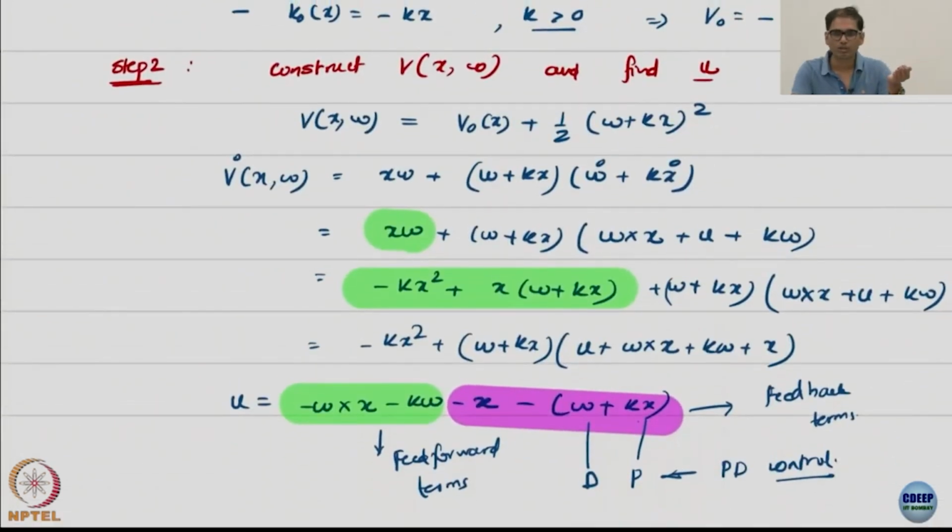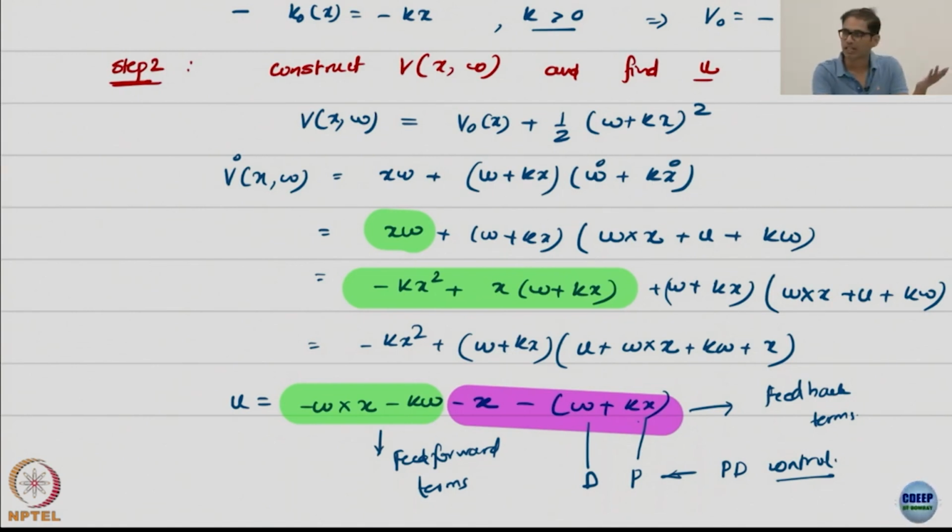If your controller has an internal model of the system, what does it mean to have an internal model of the system? It means I know the feed forward terms. So if you don't know the feed forward terms very well and you are working in a linear domain, then 1 by s is a good internal model, and that is an integrator in your controller.